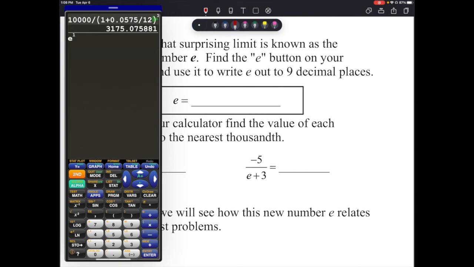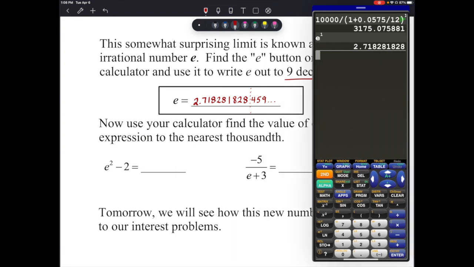You can just put to the first power, and you'll see there is our value of e: 2.718281828. I think that's 9 digits right there, but it does keep going after that, I think 4, 5, 9, and then keeps going. But we're just focused on those first 9 decimal places right now.